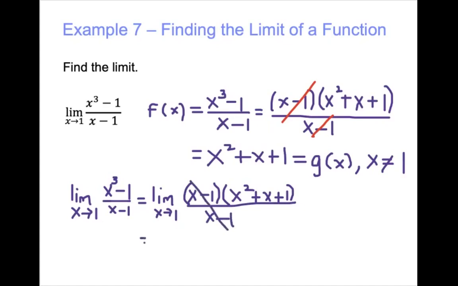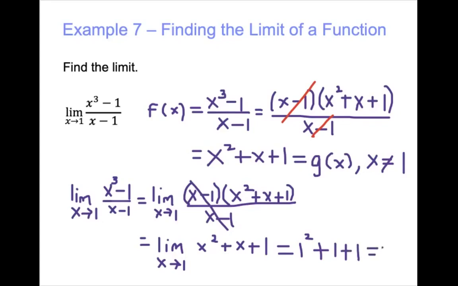That equals the limit as x approaches 1 of x squared plus x plus 1, and by direct substitution that equals 1 squared plus 1 plus 1, which equals 3.